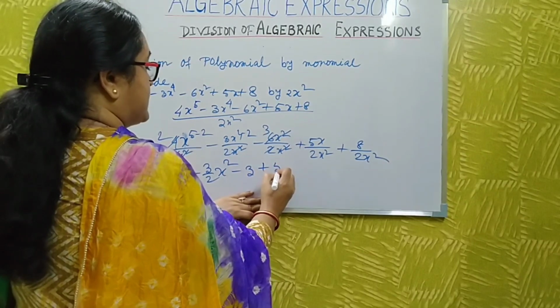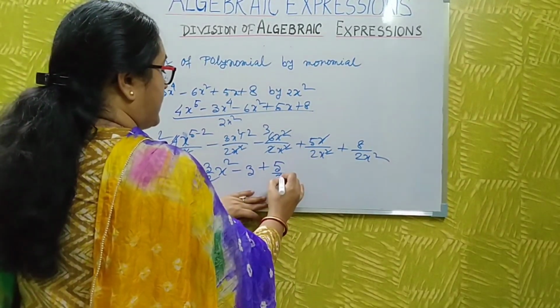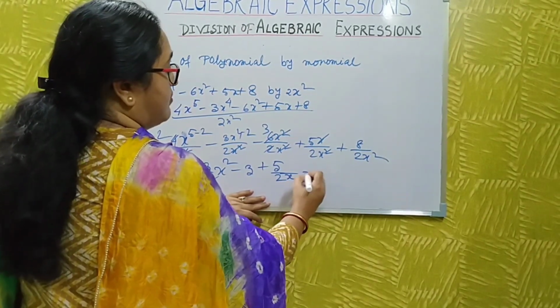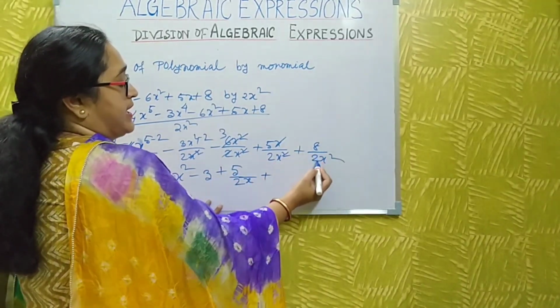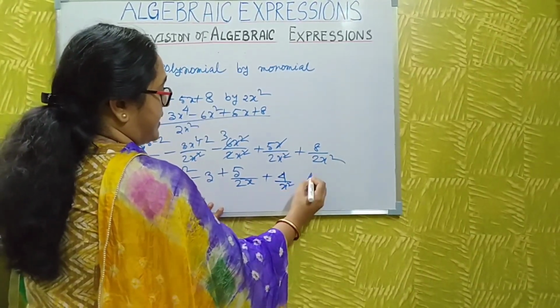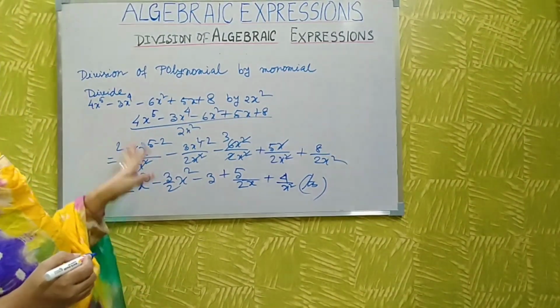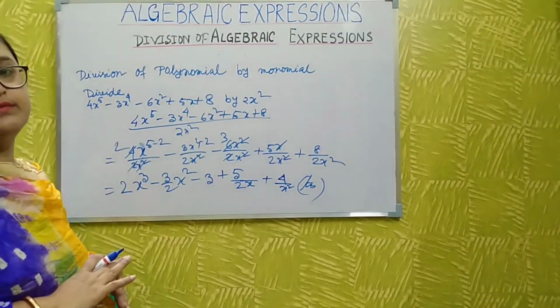Then plus 5 by 2, and x cancels, and this one is by x also. Plus 8 by 2 is 4, so 4 by x². This is the answer of this division of polynomial by monomial.